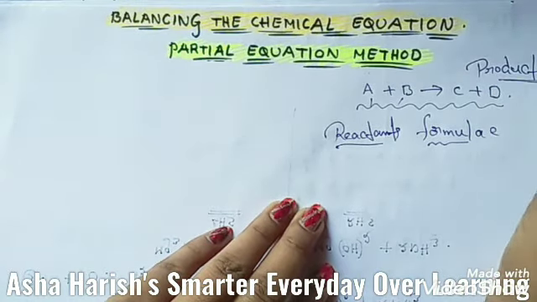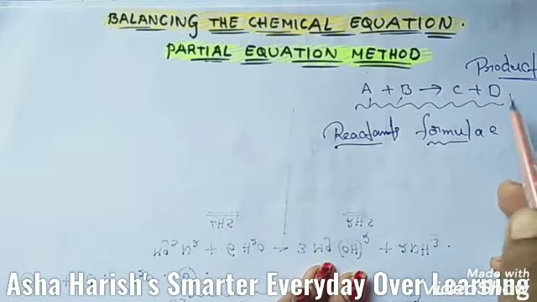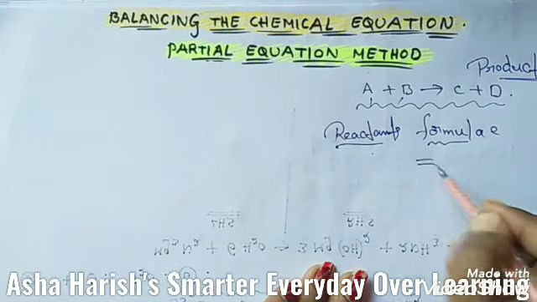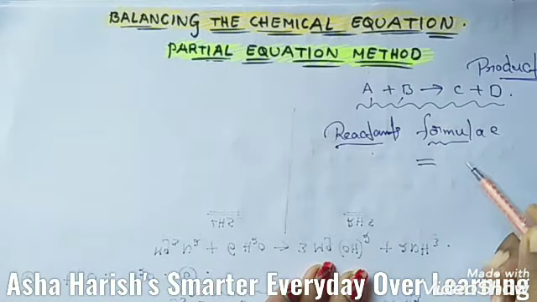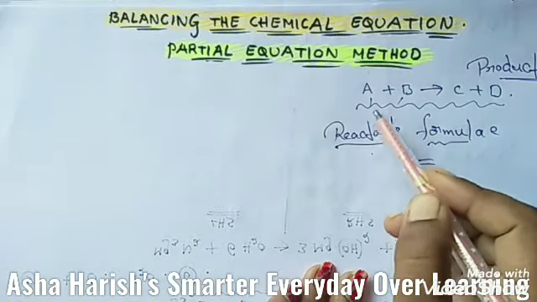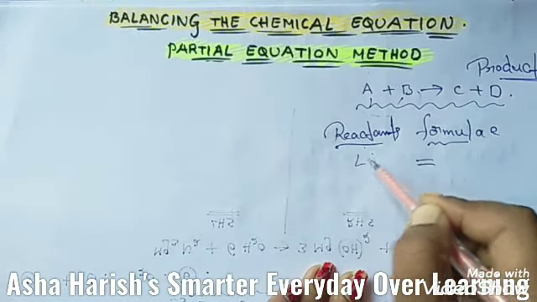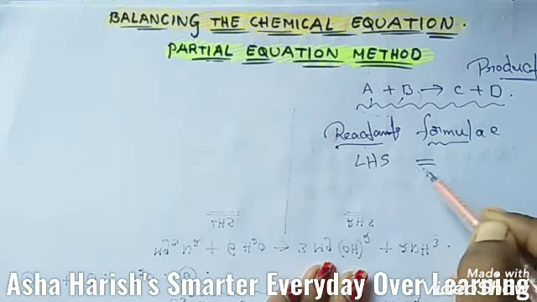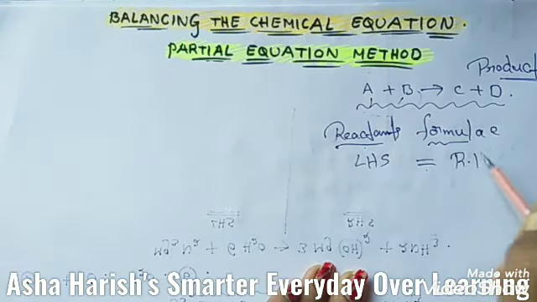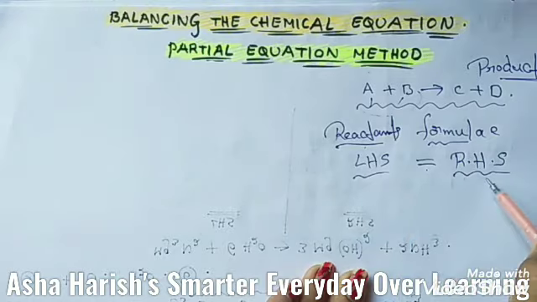According to law of conservation of mass, the mass of the reactants is always equal to the mass of the products, and the number of atoms present in the reactant side, nothing but LHS side, is always equal to the number of atoms present in the product side, nothing but RHS side.